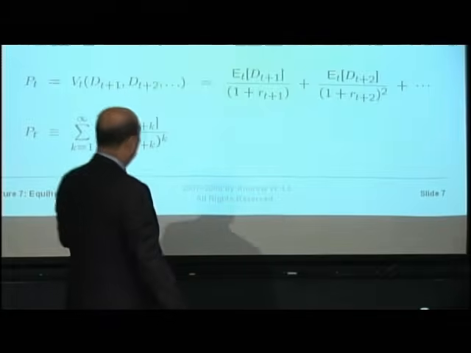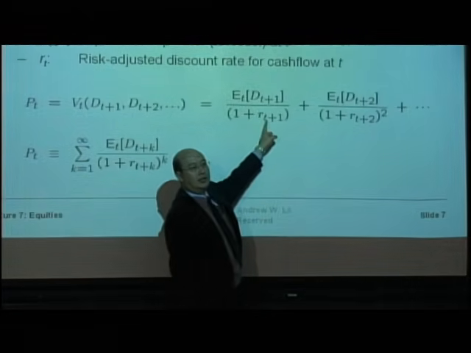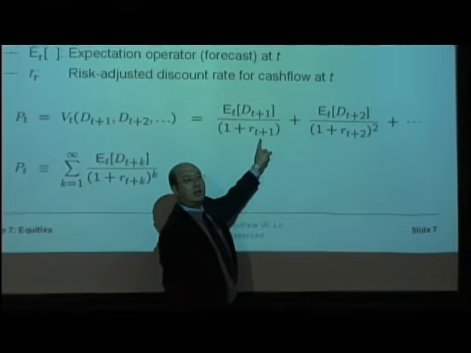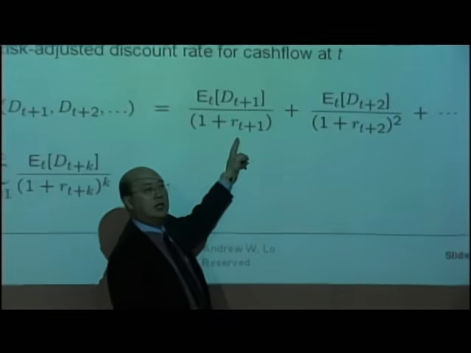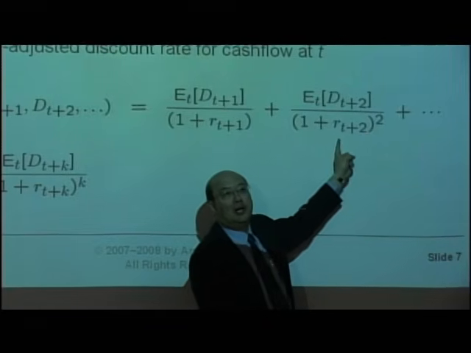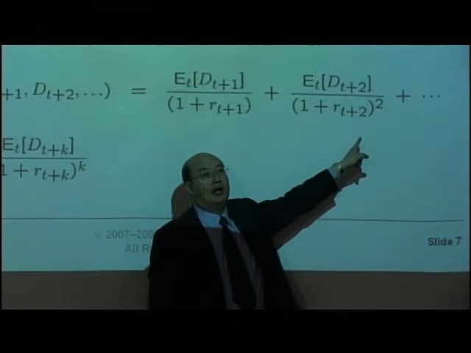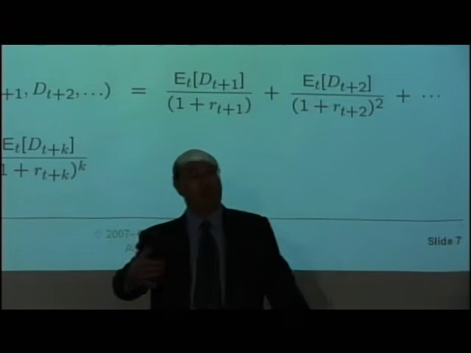And if I really wanted to be a masochist when it comes to notation, what I could do is have a double subscript that says that this is the appropriate risk-adjusted return between years t and t plus 1, and then this is between years t and t plus 2, and so on, because these discount rates may be completely different tomorrow.